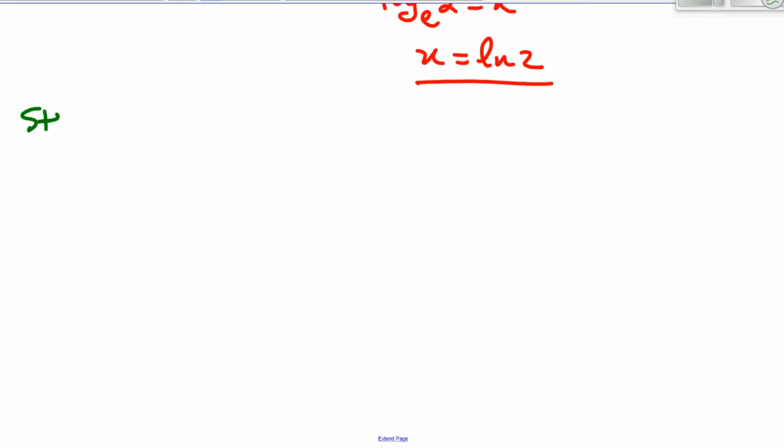Okay, so we can carry on to step 3. Use the second derivative to determine if we have a maximum or minimum point.